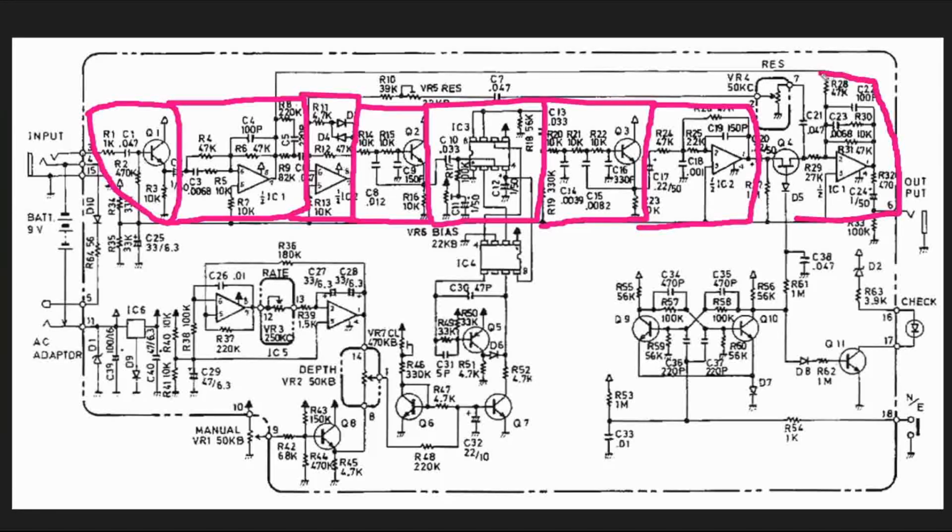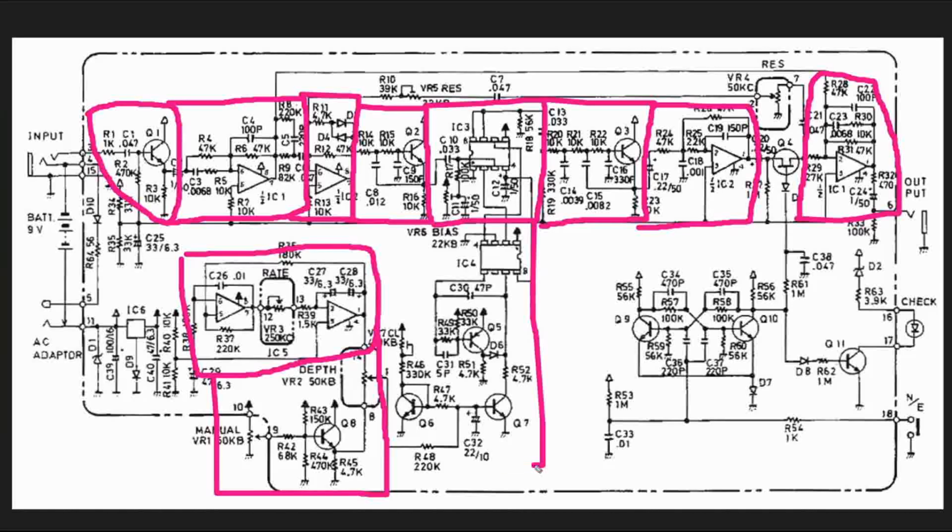So this is all the audio path here. But then we also have our LFO. We have some controls that go with our LFO. And then we have our clock generation block for the clock driver for our BBD.